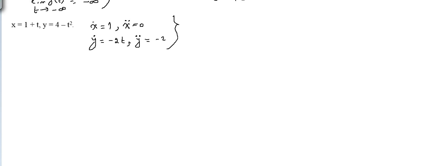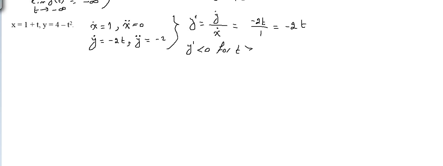This means the first derivative is y dot over x dot, which is minus 2t divided by 1, that is negative 2t. Now, the sign of the derivative depends on the sign of t. y prime is negative and the curve is decreasing for t greater than 0. y prime is positive for t less than 0, since t less than 0 times minus is positive.